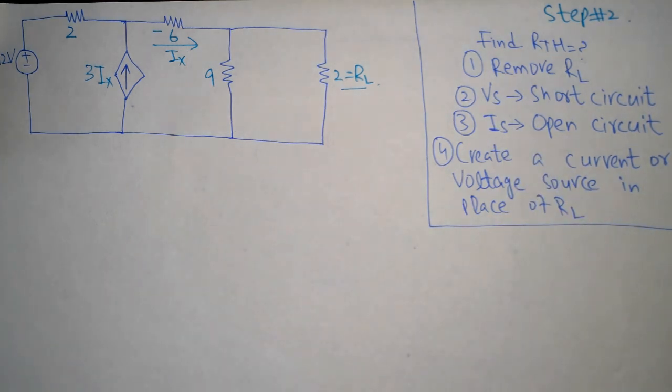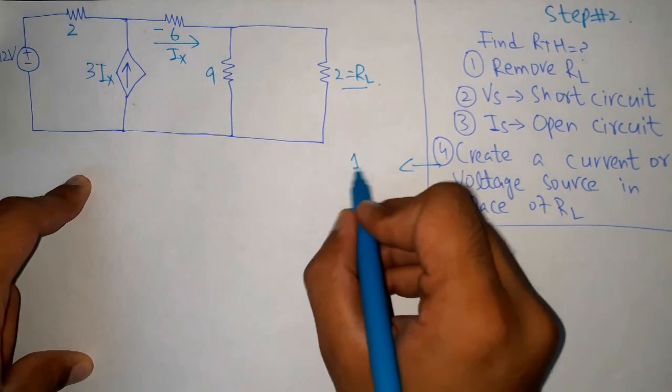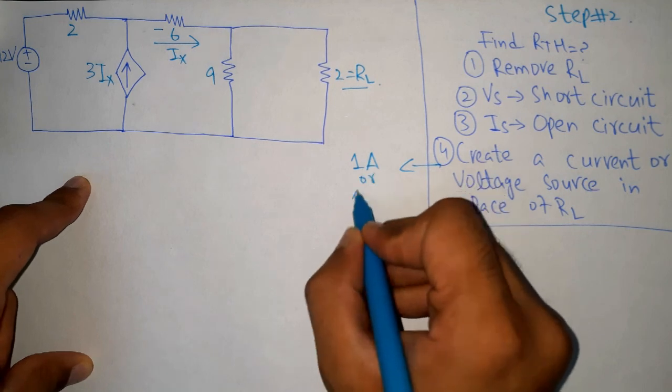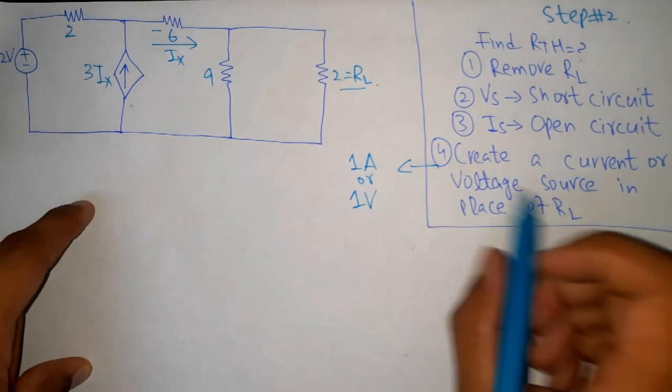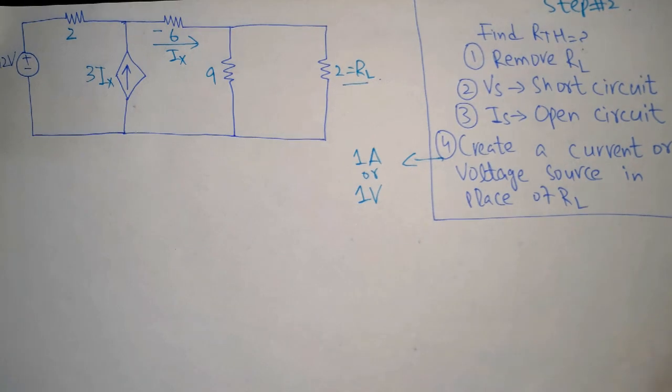And the final step is to create a current or voltage source having a rating of 1 ampere or 1 volt in place of the load resistance. Students, these are the 4 steps. I will follow these 4 steps and update my circuit to find Thevenin's resistance.